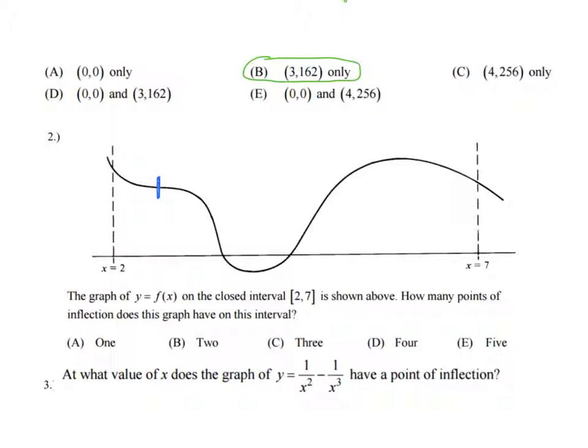So somewhere around here there's going to be a point of inflection. Then our graph is concave up until the graph is concave down again. So concave up to concave down. So somewhere around here there's going to be a point of inflection. So there are 3 points of inflection from 2 to 7.